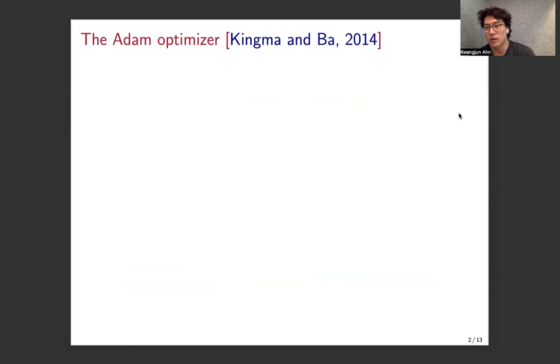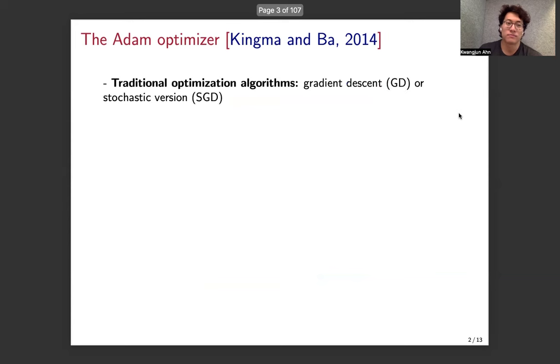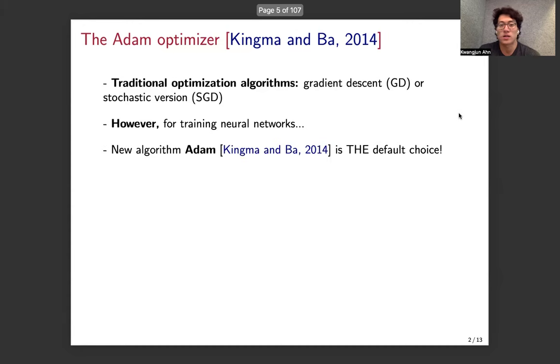The Atom Optimizer, as you all know, is the extremely popular optimizer for training neural networks that needs no introduction, really. For background, traditionally, stochastic gradient descent has been the optimization algorithm of choice. But for training neural networks, a new algorithm called Atom, developed by Kingma and Ba back in 2014, is the default choice.